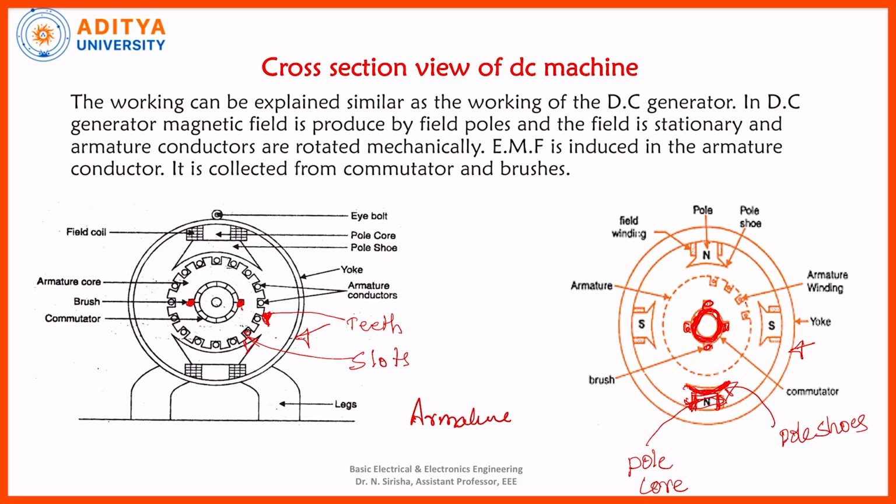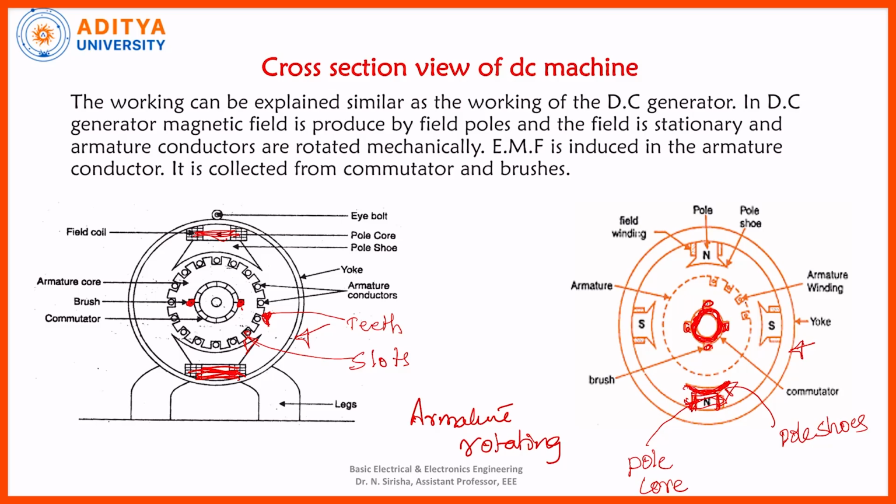DC supply is given to the field windings so that a magnetic field is produced inside the DC generator. Once the field magnets are excited, the field winding acts as the electromagnets and magnetic flux is formed inside the DC generator.